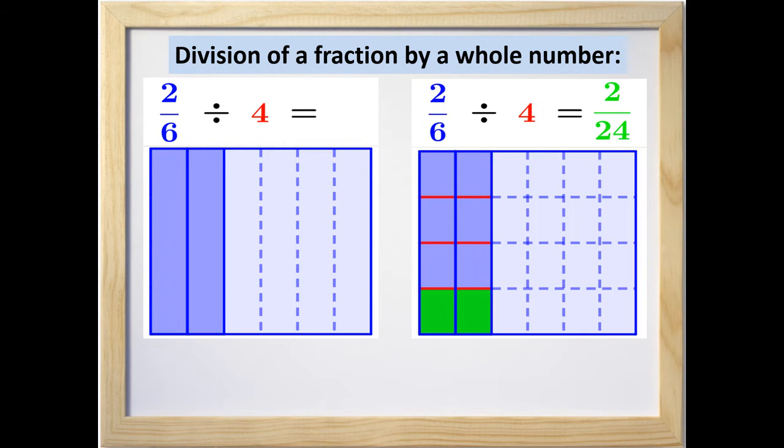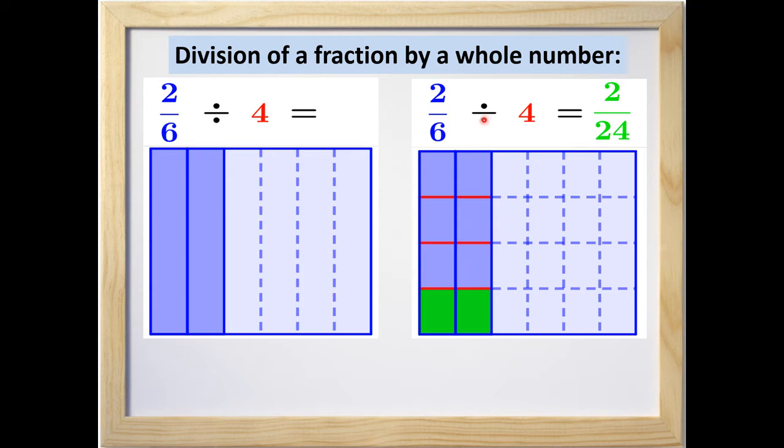Now let us see, when this 2 by 6 is divided by 4, what happens? When the whole is divided into 4 equal parts, we get 24 equal parts. When this 2 by 6 part is divided into 4 equal parts, we are getting 2 parts out of 24 equal parts.